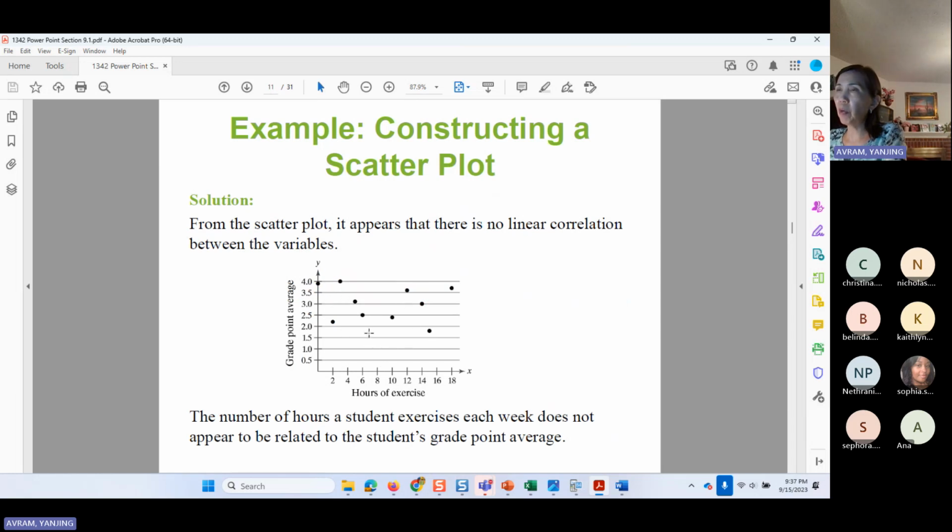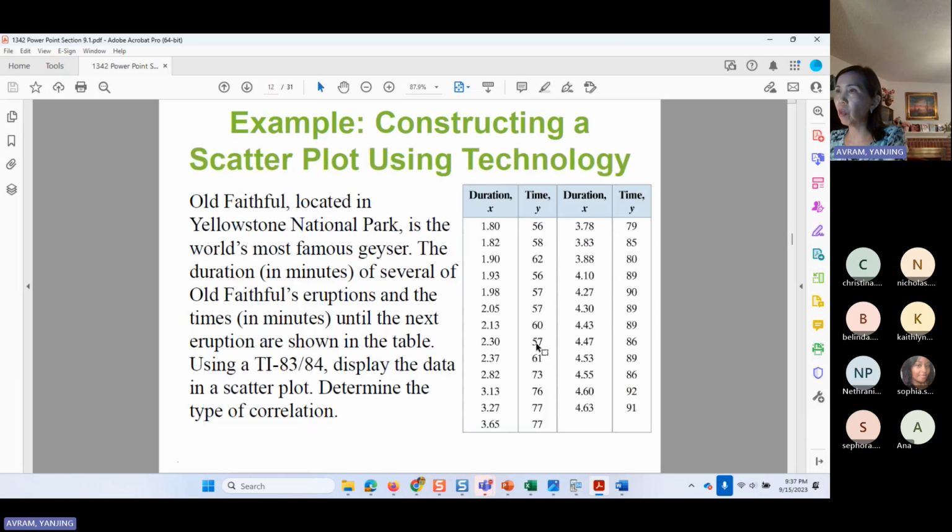How does this scatter plot look to you? It looks like it's everywhere. So we say this doesn't really have any relationship, it's nonlinear correlation. It didn't have any pattern at all. So the number of hours of exercise and your GPA have no linear correlation here. And then that is another one right here, the direction.